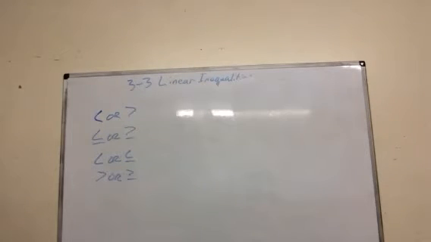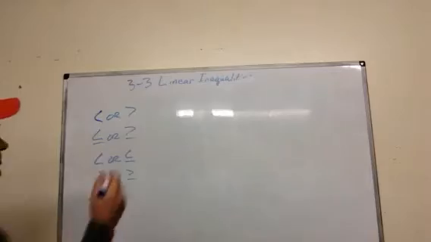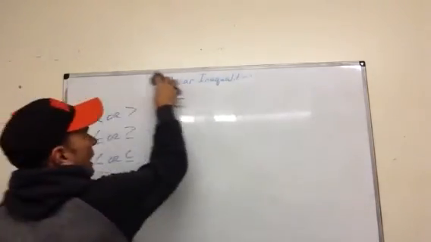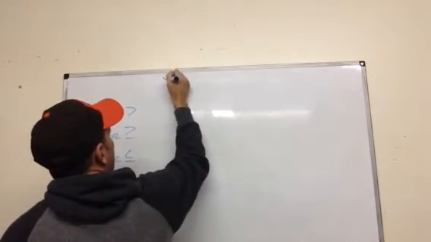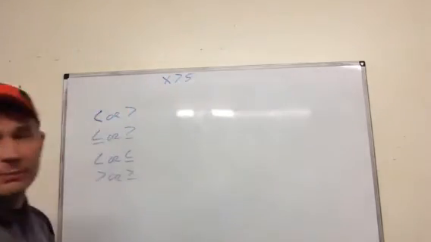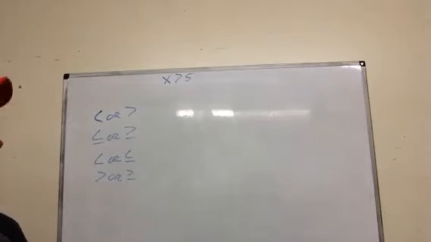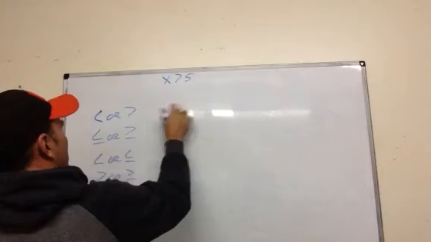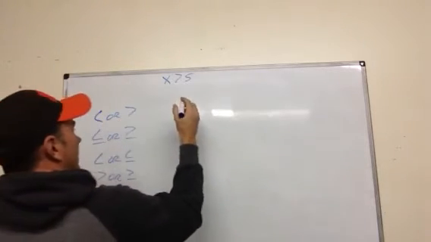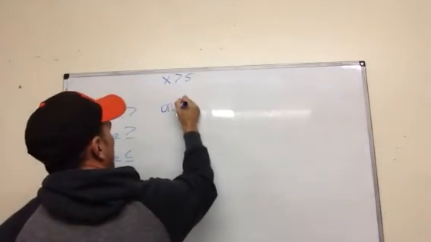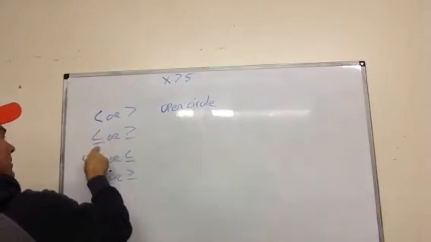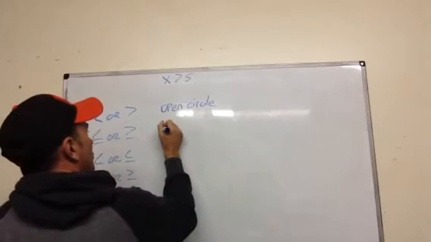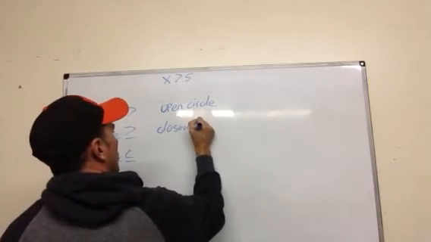Now, in a one-dimensional scenario, when I mean one-dimensional, I mean one variable. Kind of like x greater than 5. Something like that in one variable. When we graph this, if it was a less than or greater than sign, we used an open circle. If it was less than or equal to or greater than or equal to, we used a closed circle.